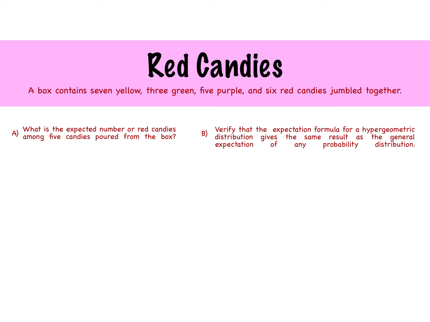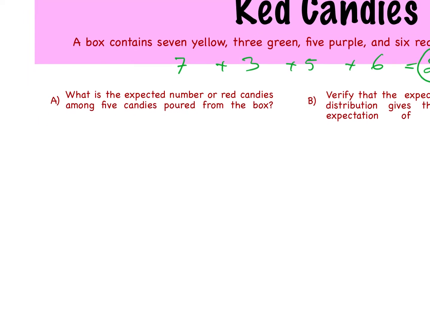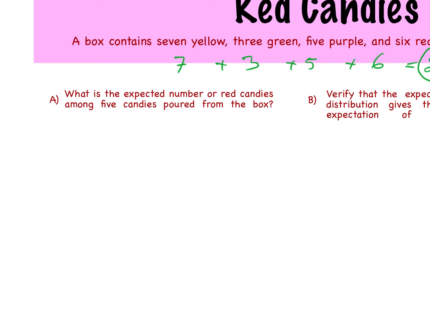In our second example, red candies, a box contains 7 yellow, 3 green, 5 purple, and 6 red candies jumbled together. So that's 7, 3, 5, and 6 for a total of 21 candies. In part A, what is the expected number of red candies among 5 candies poured from the box?